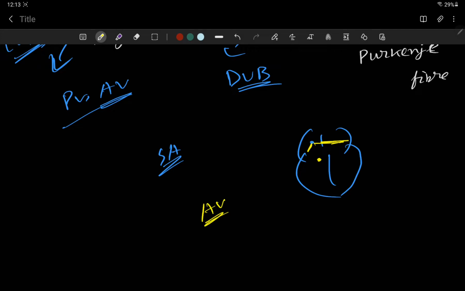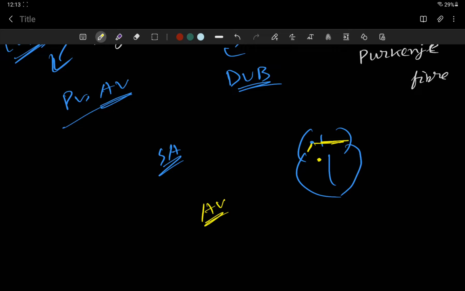The first node is known as the sinoatrial node. This is known as the general pacemaker or the natural pacemaker of the heart. Now from this natural pacemaker, both atria will take the signal, and from there the signal will pass to the AV or atrioventricular node.